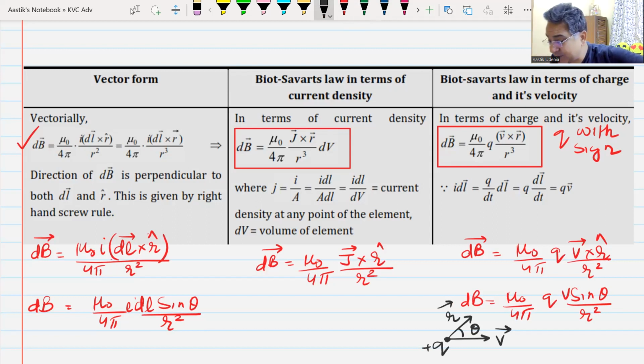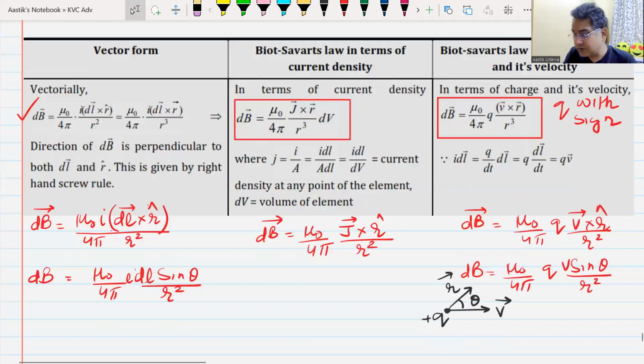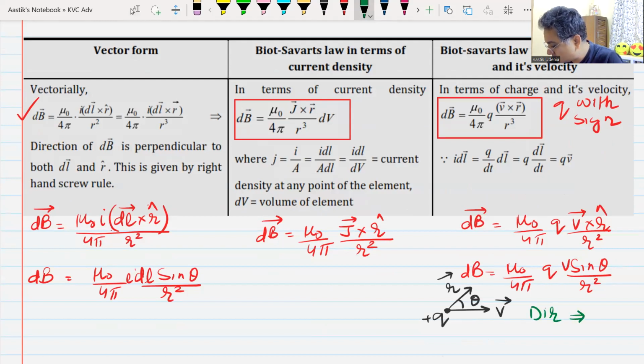This will give you the magnitude of magnetic field. How will you get the direction of magnetic field? Sir, if it is positive charge, we'll put our thumb in the direction of velocity. Direction will be given by right hand thumb rule.